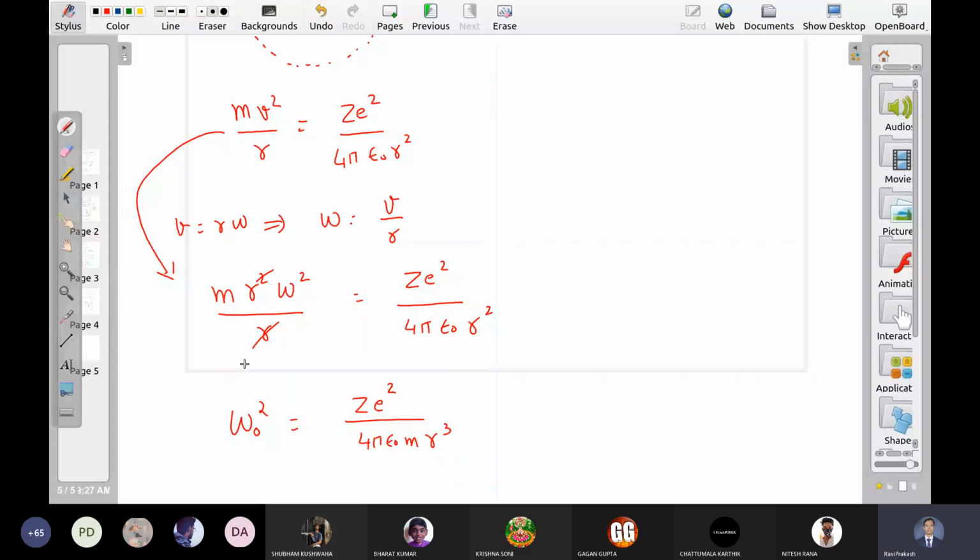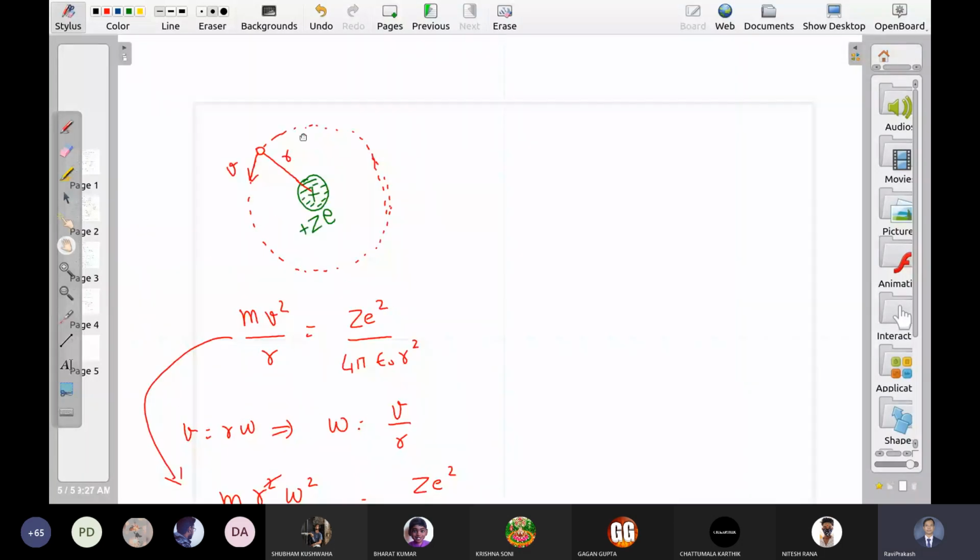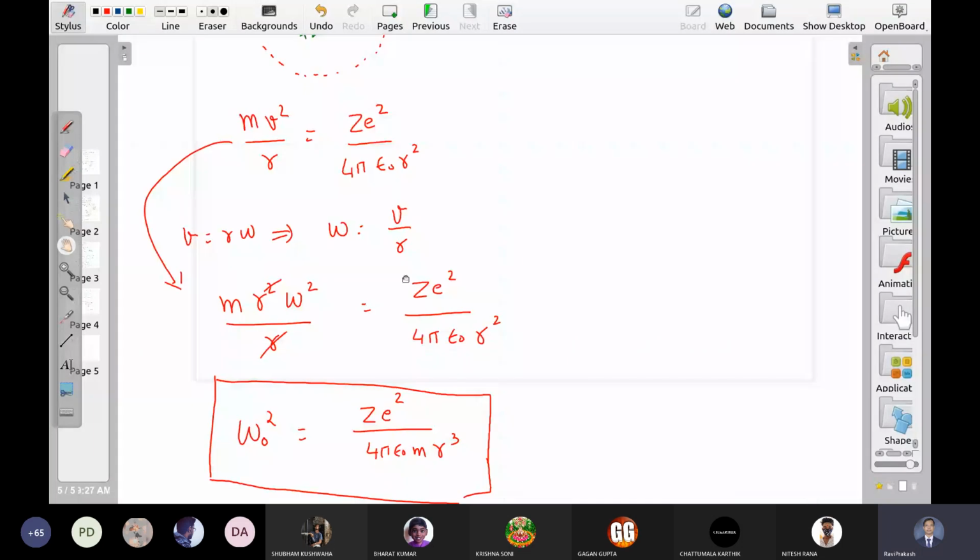So this is the angular velocity of the electron moving in a circular orbit. It doesn't really matter which side it goes, clockwise or anti-clockwise. The angular velocity will remain the same for this radius.